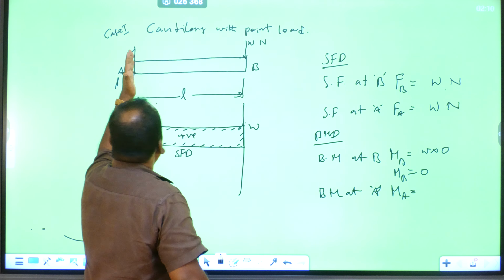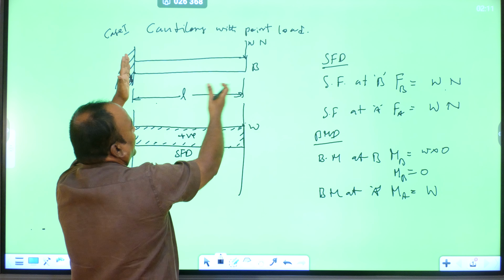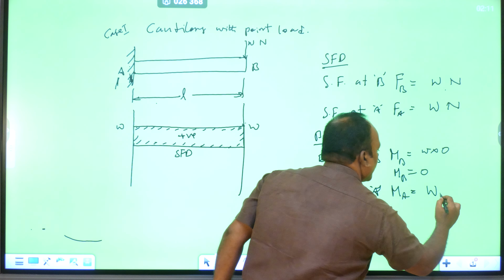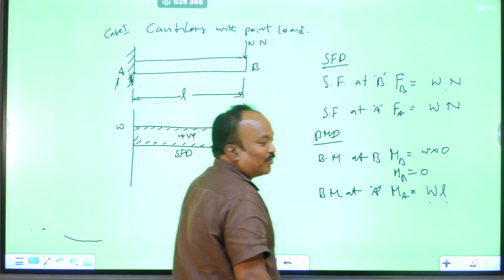Only one vertical force, W. Moment means vertical force times distance. The distance from B up to A is the length L. So WL is the moment.